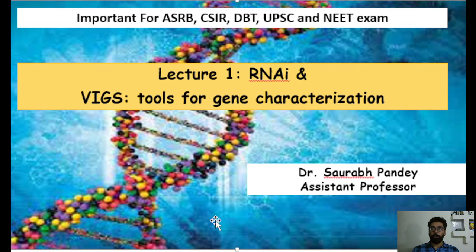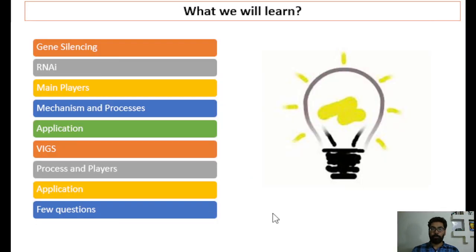So coming to the lecture, what we will learn: we will know about gene silencing, what it is and what are the different types of gene silencing. Then we will know about RNA interference, important components of RNAi, its mechanism and processes, then its application, then the advancement of gene silencing, that is virus-induced gene silencing used for the characterization of genes.